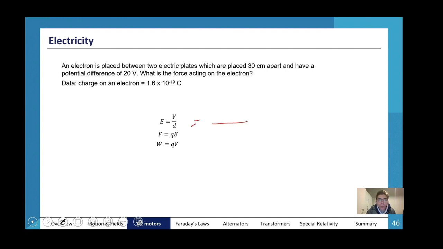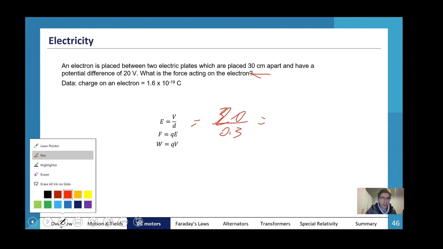Well, the voltage is 20 volts divided by a distance of 0.3. You can find the electric field strength. Let me write that again, that looks awful.